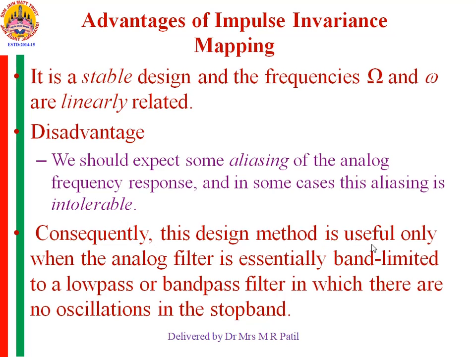Consequently, this design method is useful only when the analog filter is essentially band limited, such as a low pass or band pass filter. For filters such as high pass and band stop filters, whose band is not limited, the possibility of aliasing will be there and the aliasing will be intolerable.